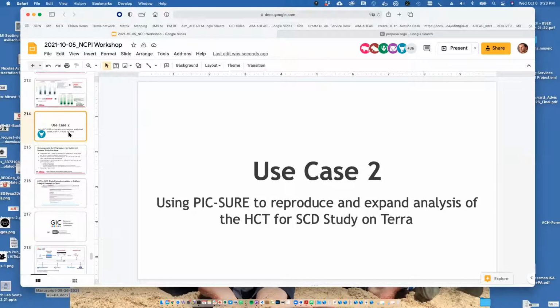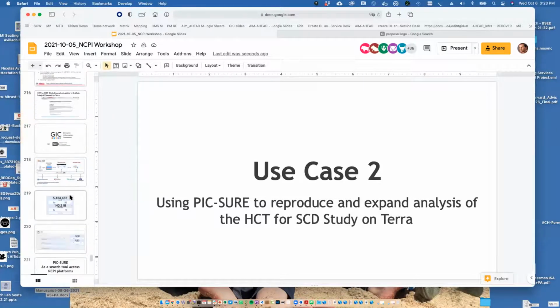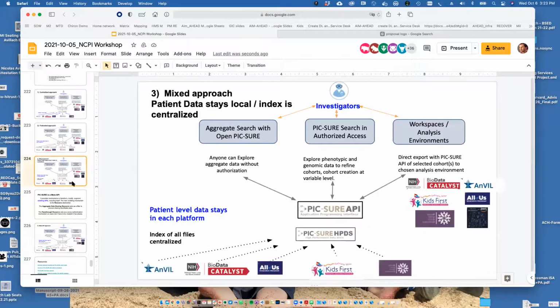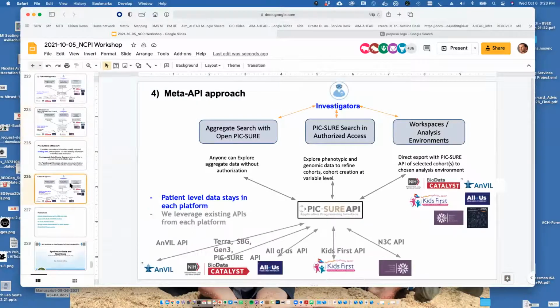We are interoperating with Terra and 7 Bridges within BioData Catalyst. We want to take it a step further to interoperate with AnVIL or Kids First or another ecosystem. We haven't got there yet, so I think that's the missing piece of the use case. Okay, I got it. Thank you.